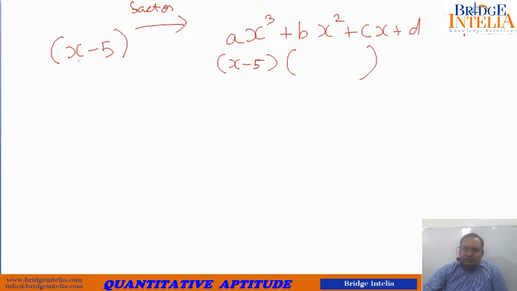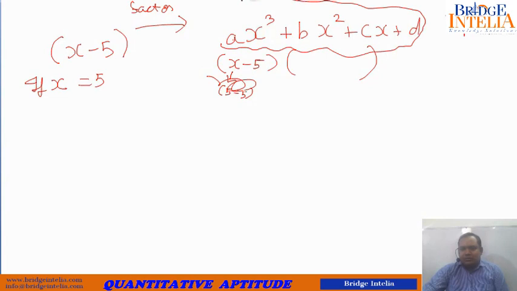If you assume x to be equal to 5, if instead of x you write 5, this would become 5 minus 5 and then the expression would become 0. So it simply means that if it is given that x minus 5 is a factor, then if instead of x I replace 5 here, the entire expression should become 0.